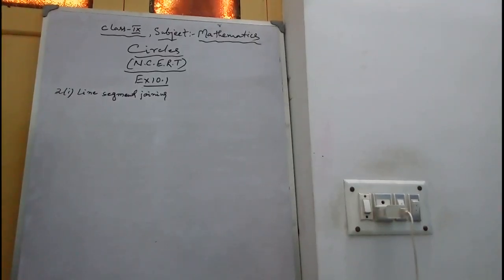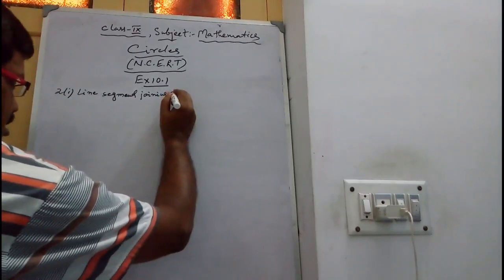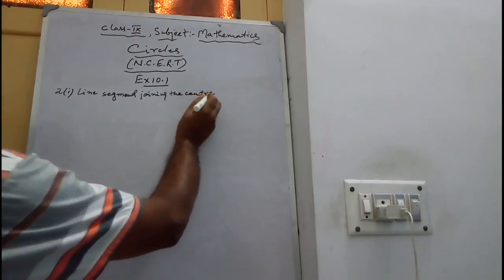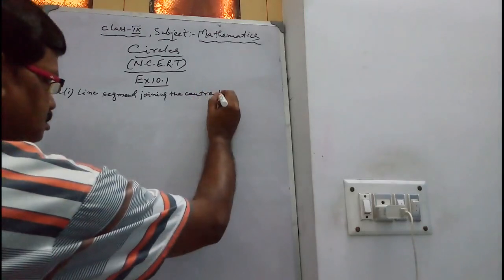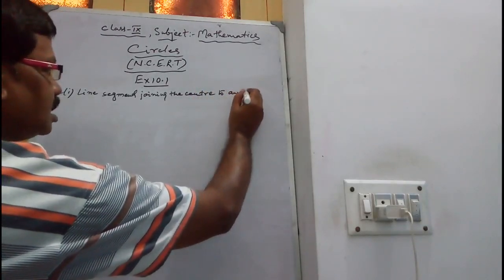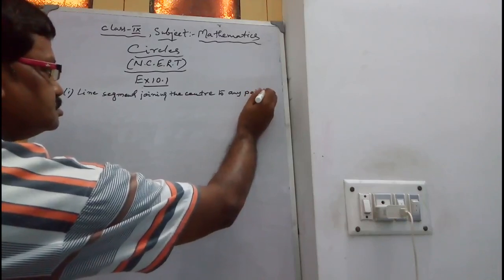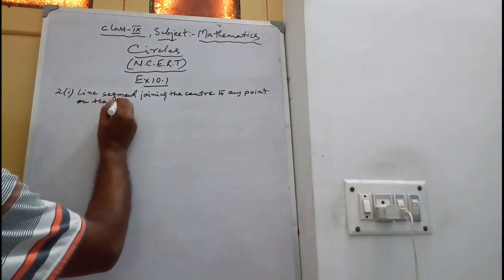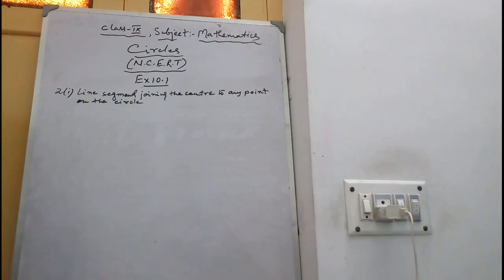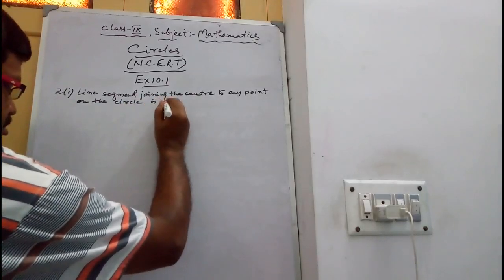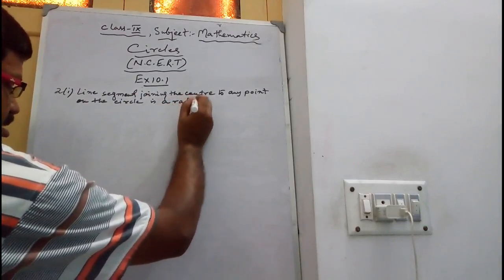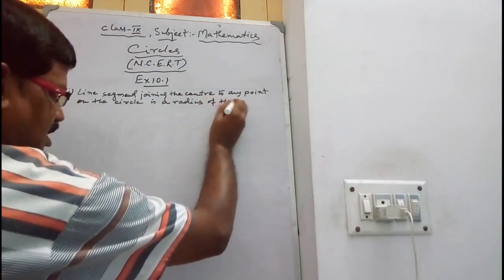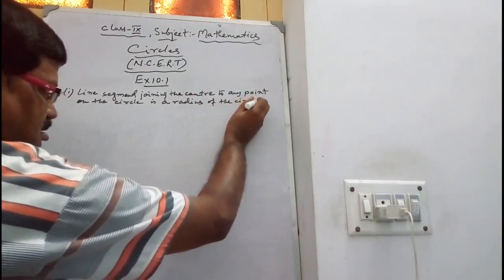The line segment joining the center to any point on the circle is a radius of the circle.